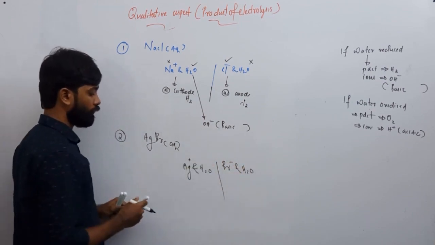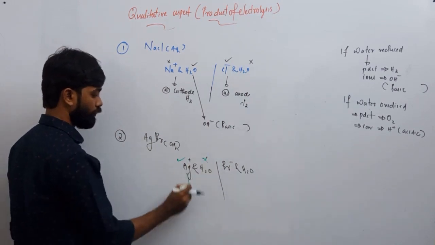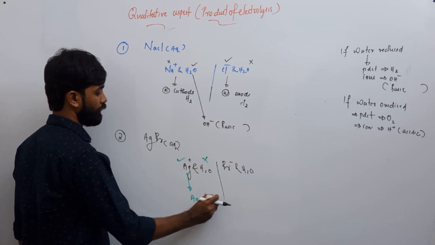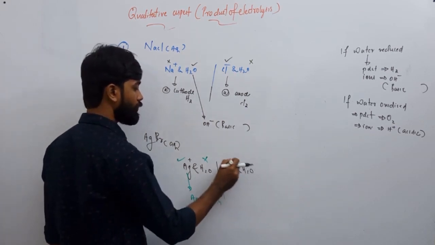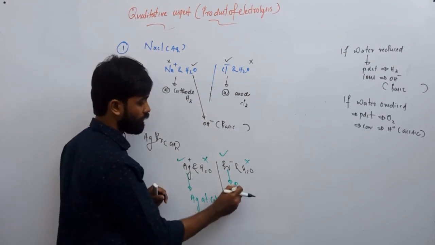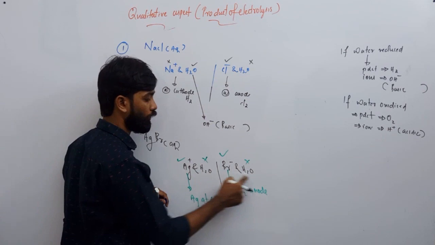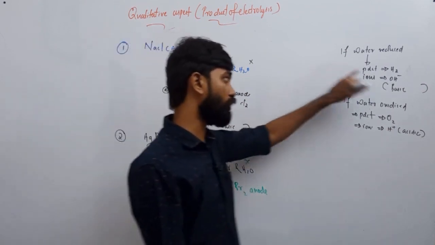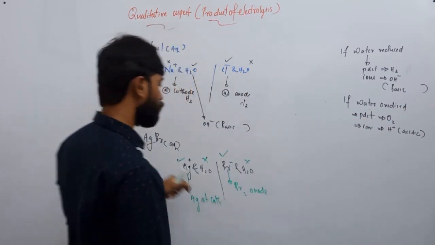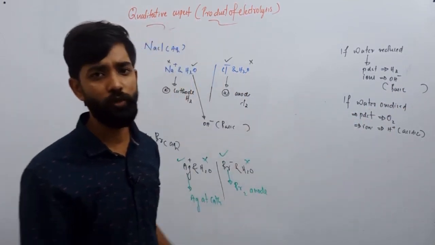Ag plus will discharge, so silver at the cathode. For Br minus and water, bromine gets discharged, so bromine at the anode. So there is no reaction for water. If water is oxidized, H plus; if water is reduced, OH minus. If water does not undergo any reaction, there is no excess H plus or OH minus, so the solution will be neutral.